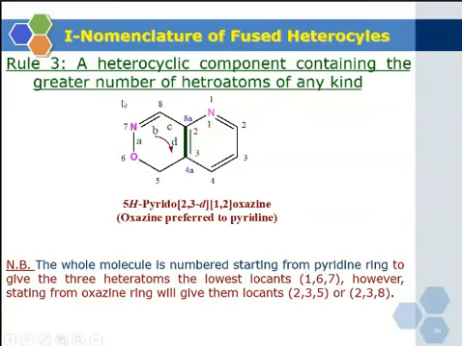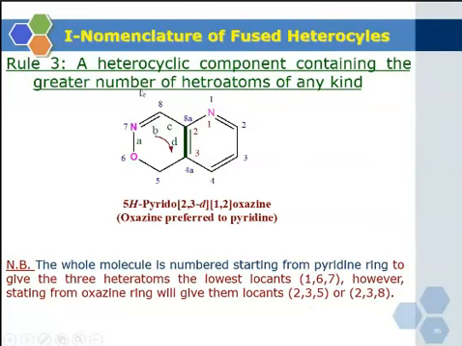However, if we start from the oxazine ring, this ring, then we have to start from this position. Then what will be the relative position of these 3 heteroatoms? If we start the numbering from this position, then 1, 2, 3, 4, 5. This is 2, 3, 5 position.